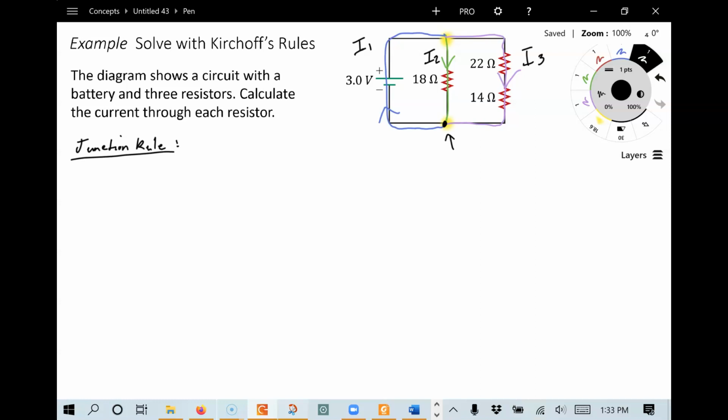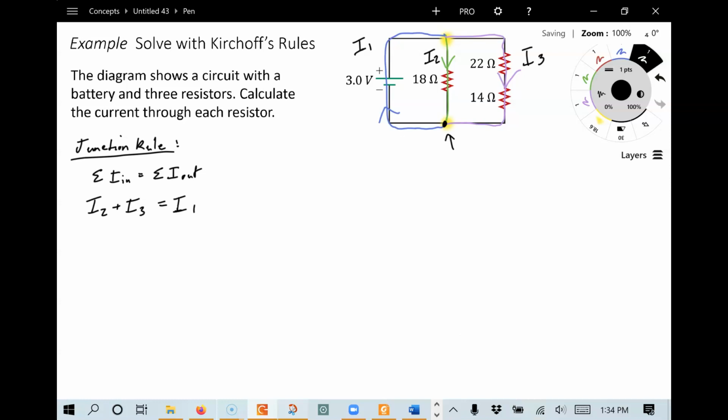Look, the green one goes in, the purple one goes in. So the sum of I in equals the sum of I out. Flowing into that point are I2 and I3, so let's add those together. And flowing out, there it is, I1.